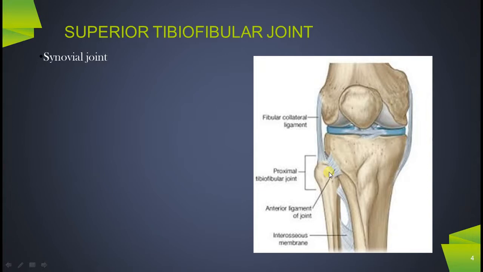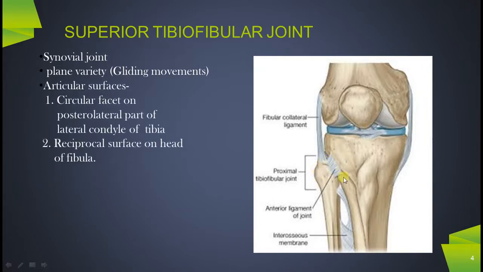It is a synovial joint, which means you have a joint capsule lined by synovial membrane. The type of joint is the plane variety, so gliding movements. The fibula will glide over the tibia above and below. Only some gliding movements are permitted in the superior tibiofibular joint.